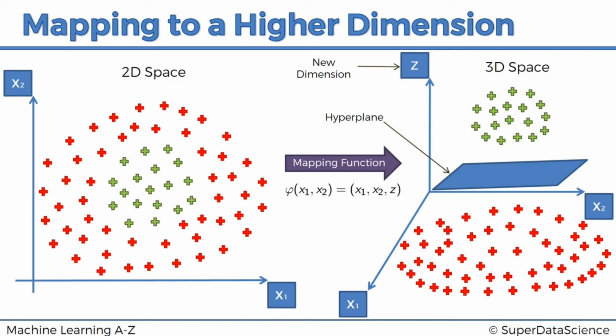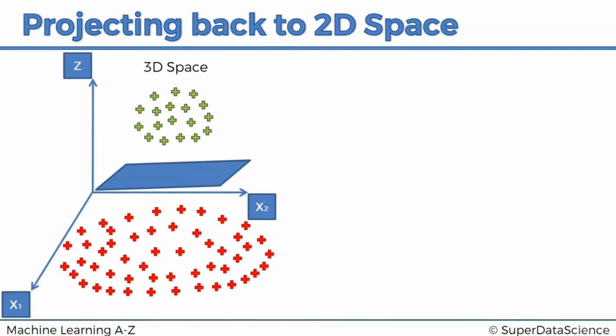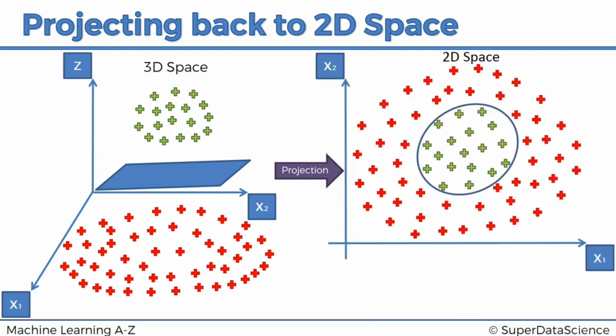And so this hyperplane separates the two parts of our data set in the way we want. So the support vector machine algorithm has helped us build this hyperplane. Then we just project it back into our two-dimensional space, and we've got this circle that encompasses our classes, or separates our classes. And there we go, we've got the non-linear separator.